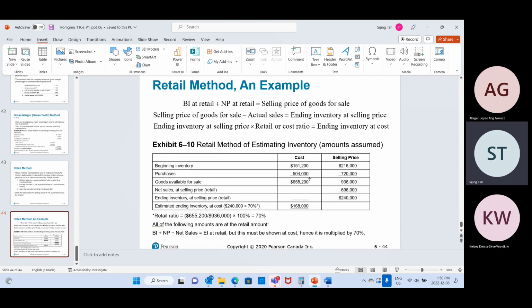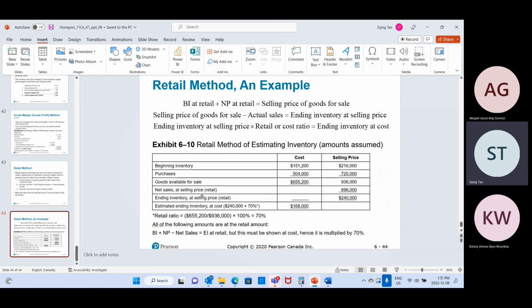Now we have to know 2 different sets of numbers. First, the numbers at cost, which is beginning inventory at cost and beginning inventory at selling price. We need to know the total purchases at cost and total purchases at selling price. Then we can calculate the goods available for sale at cost and also at selling price.